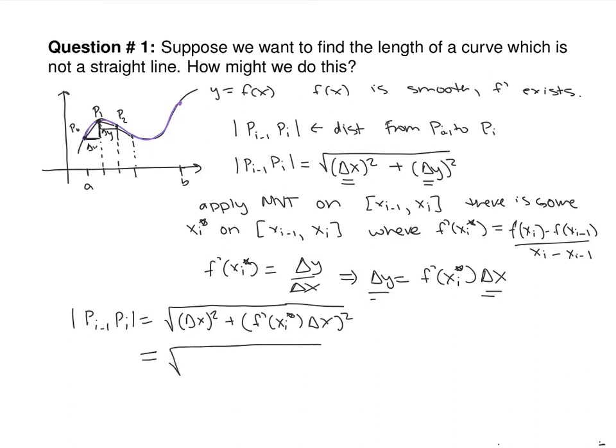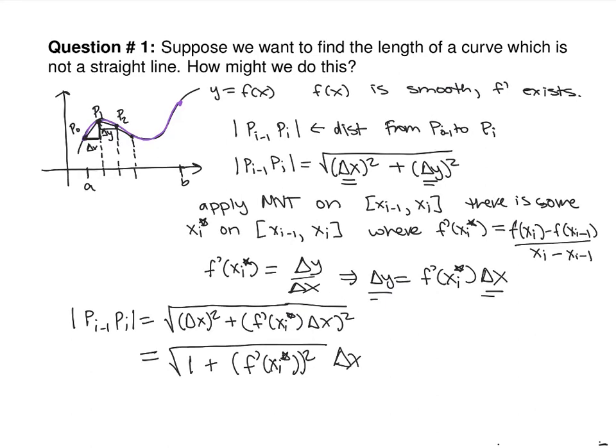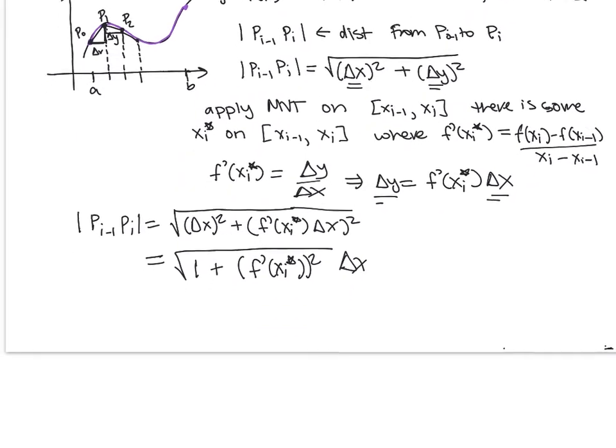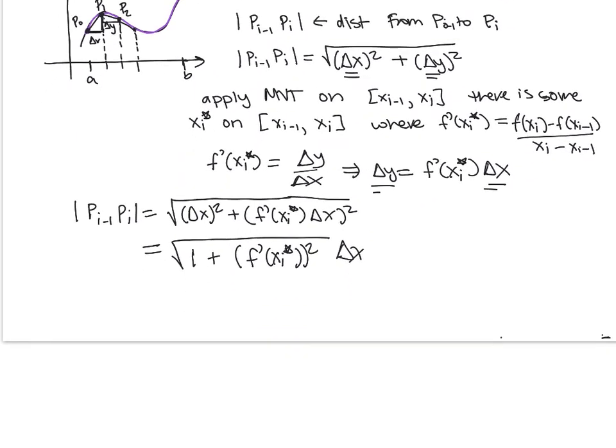And we get the square root of 1 plus f prime of x sub i star, the quantity squared, times delta x. And that tells you the length of just one piece. So your total length is going to be about equal to a sum from i equals 1 to n of all these pieces.